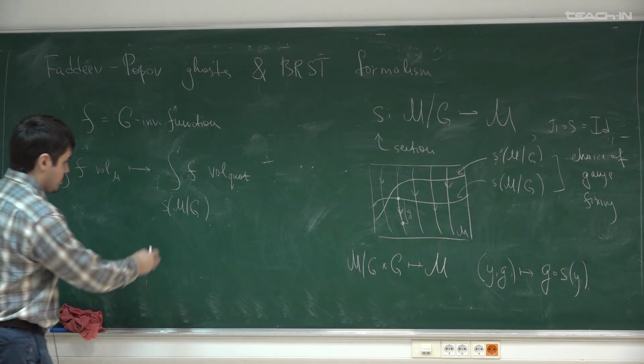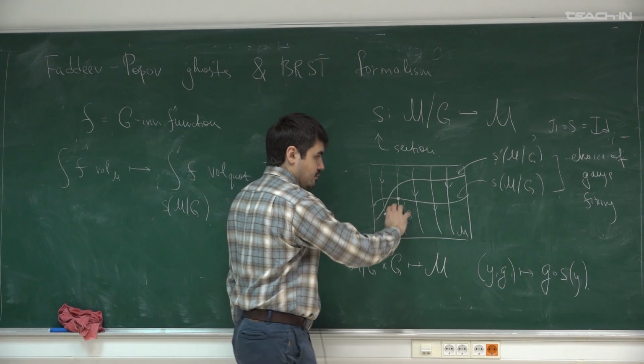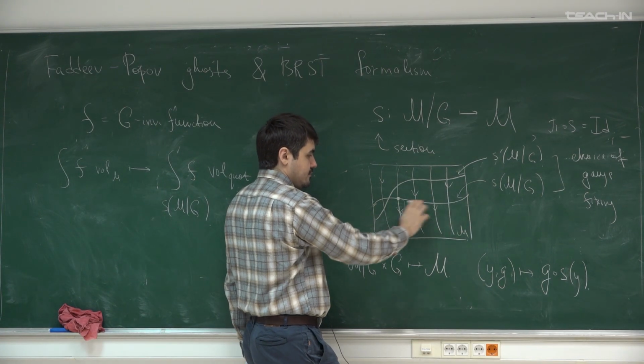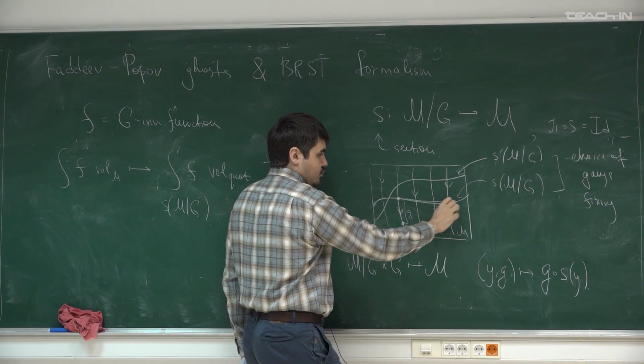In particular, the quotient will be identified with its embedding in the manifold. So we want to pass from integrating over the whole manifold to integrating over this surface.